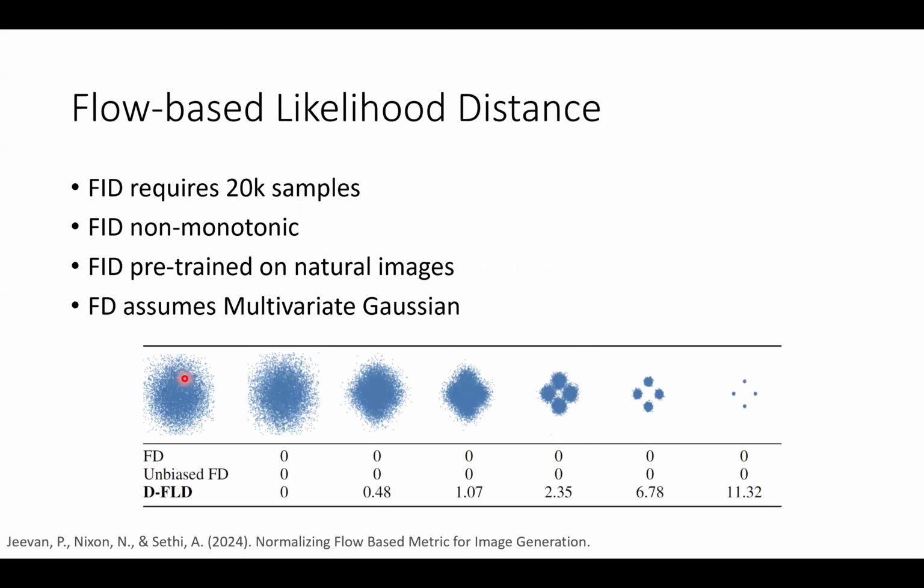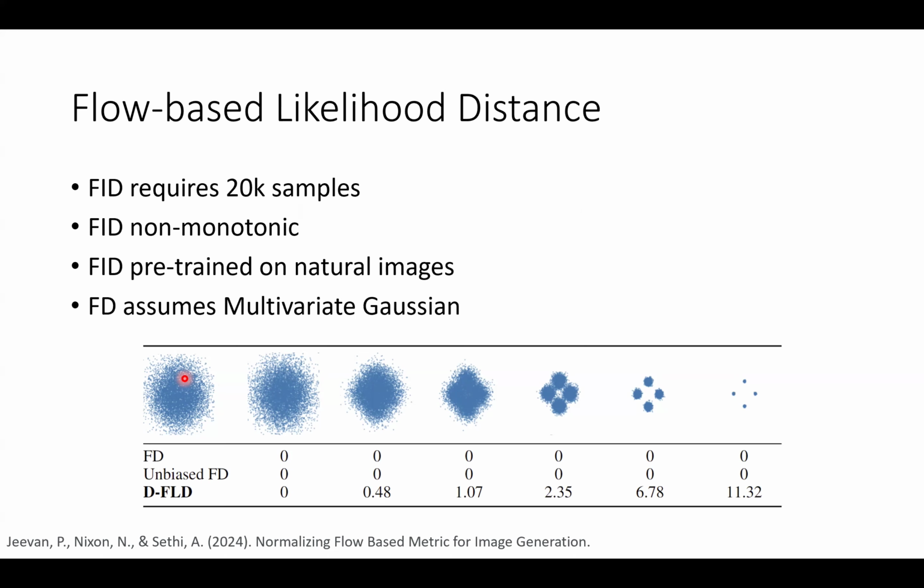FID, or Fréchet Inception Distance, is one of the most popularly used metrics. But the problem with FID is that since it has to compute a 2048 by 2048 covariance matrix, it requires a lot of image samples. It requires at least 20,000 real and generated images to get a reliable metric value.